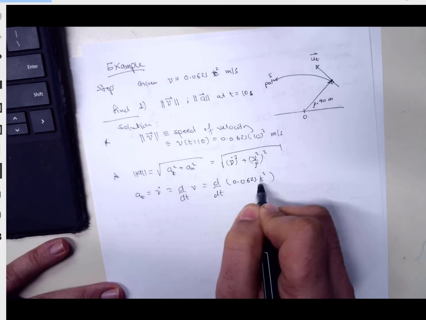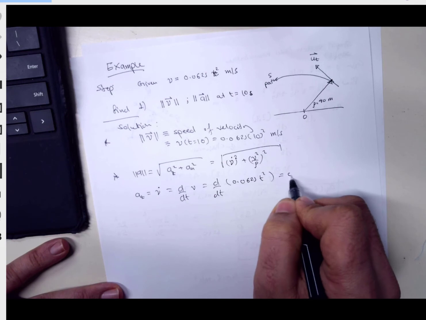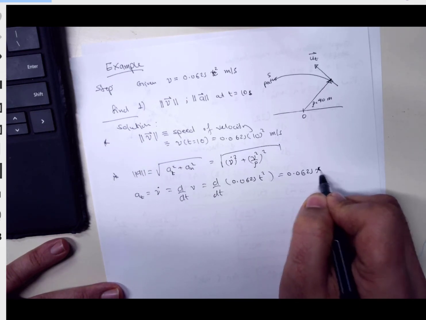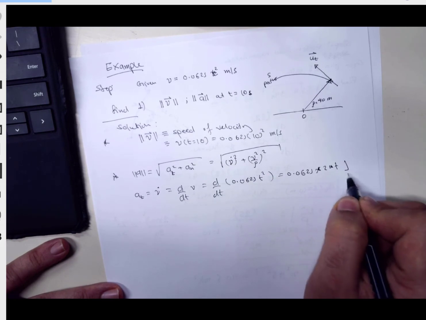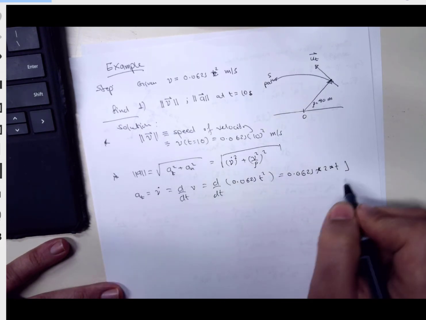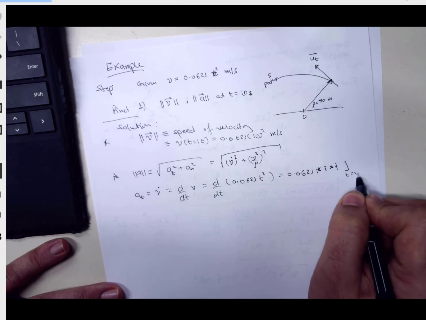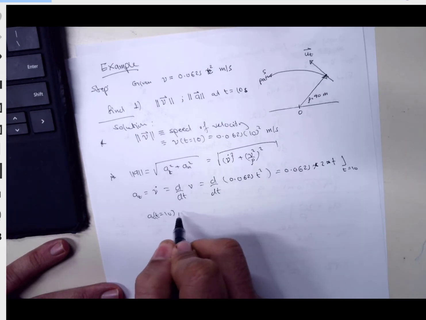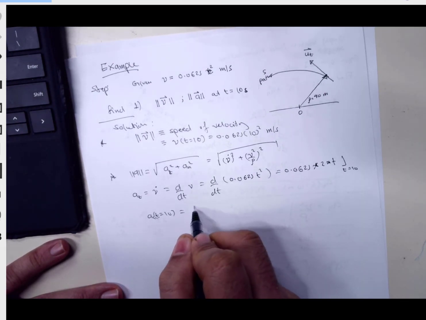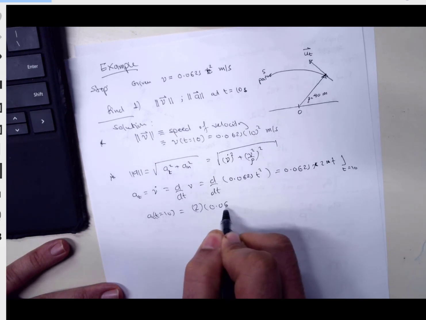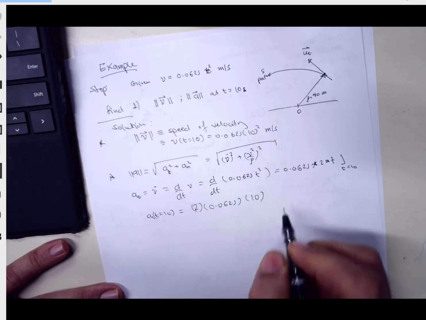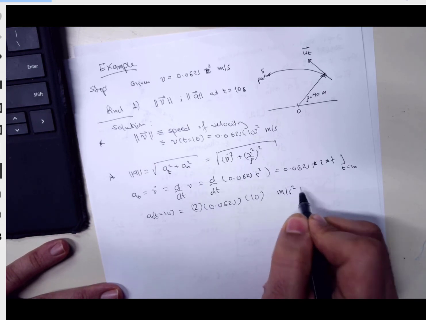Because this is a function of time, I can take the derivative, right? That gives multiplied by 2 multiplied by t, evaluated at time equal to 10 seconds, simply equal to 2 times 0.0625 multiplied by 10. This is going to be meter per second square.